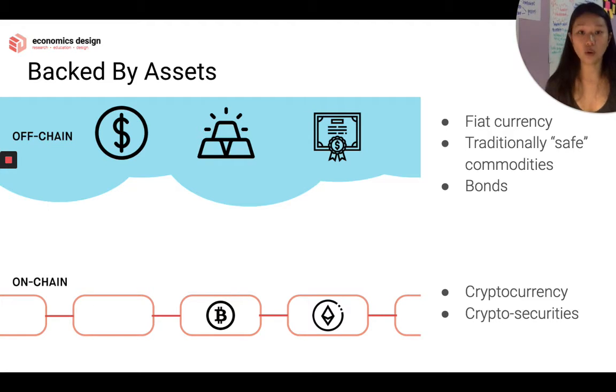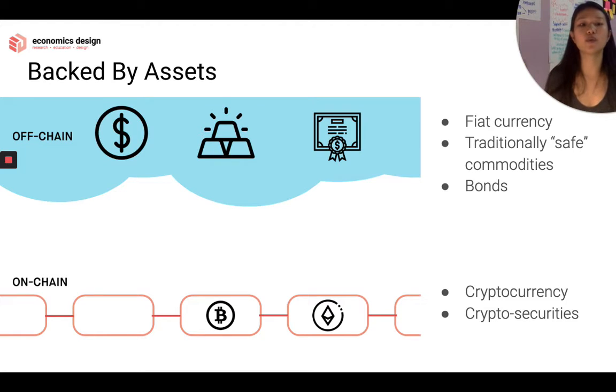Some projects are backed by coal, by minerals, by gold, by diamonds, or by different kinds of assets like financial assets, government bonds, treasury bills, corporate bonds, whatever. These are assets that already exist and already have value. What you're going to do is peg them to your tokens, and your tokens will be a fraction or a percentage of these pegged assets.